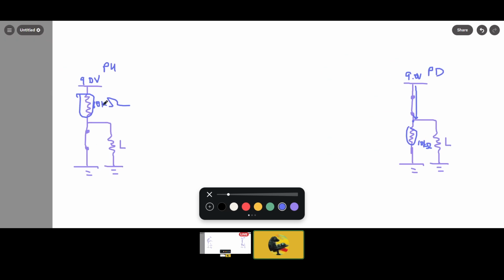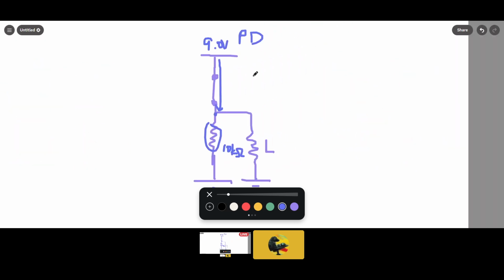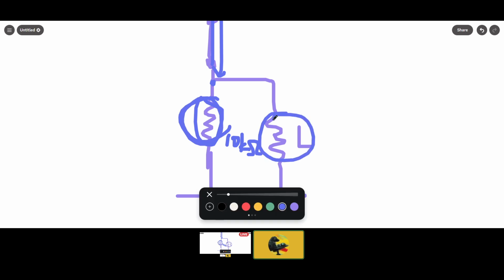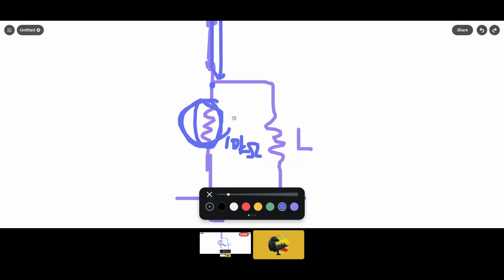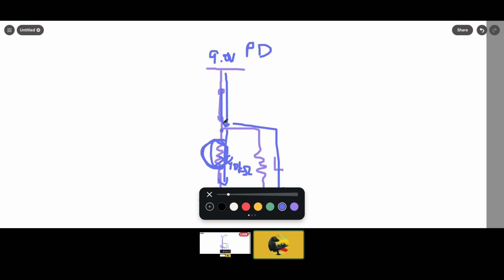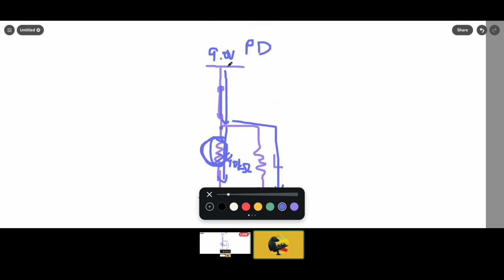In here, it's not really beneficial to have 10 kilo ohms, but in here, it's essential for the resistor to have a very high resistance. And that is because when the switch is closed, we want the resistance here to be higher than the resistance at the load, such that the current will flow through the load and not through here, because here will be higher resistance. So when the switch is closed, the voltage supplied to L will be 9 volts.